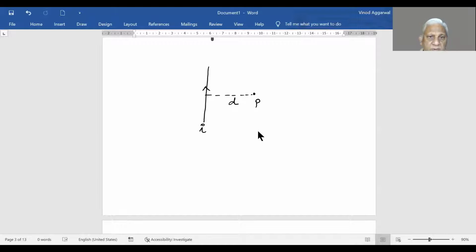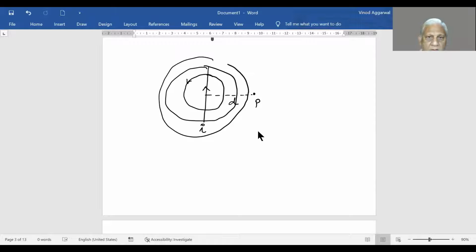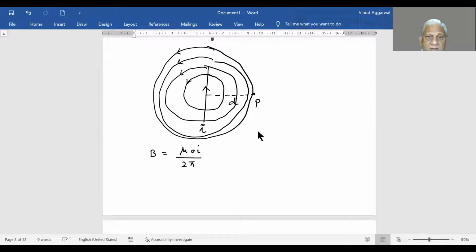We already know the direction of the magnetic field will be like this, and the magnitude is given by mu naught I by 2 pi d.